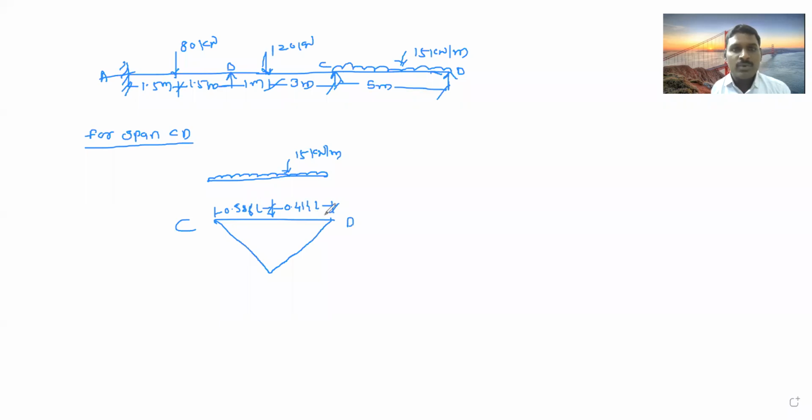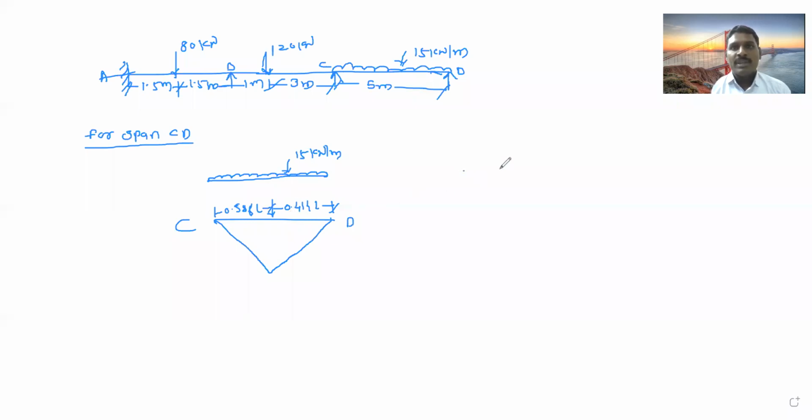0.586 and 0.414, the addition of these two is 1 L, correct? So 0.586 plus 0.414 will be 1. So from the continuous support it will act at 0.586 L, and from the end support at 0.414 L. That means it does not act exactly at the center.